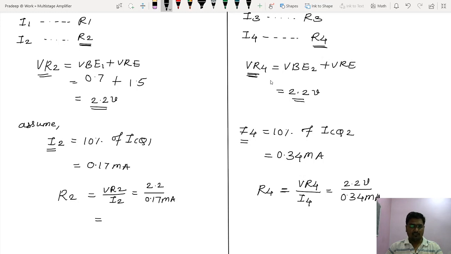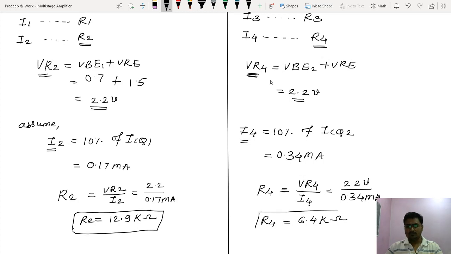Value of R2 is 12.9 kilo ohm. This is the value I'm getting, and value of R4 is 6.4 kilo. Yes, this is the value of R4 that I'm getting.